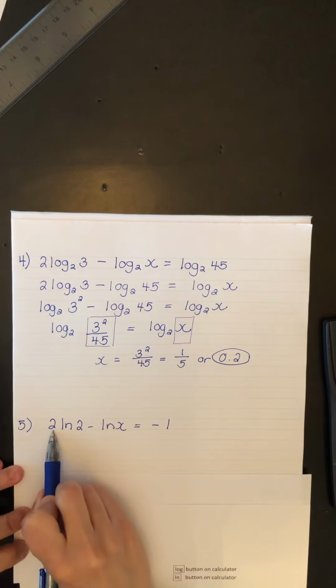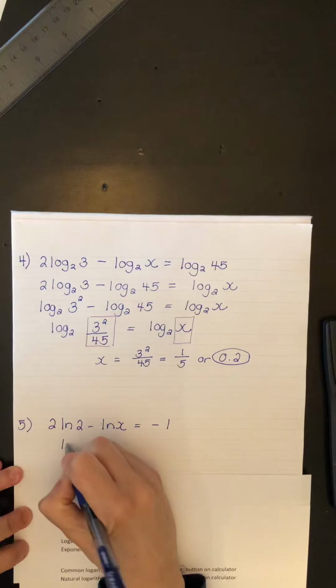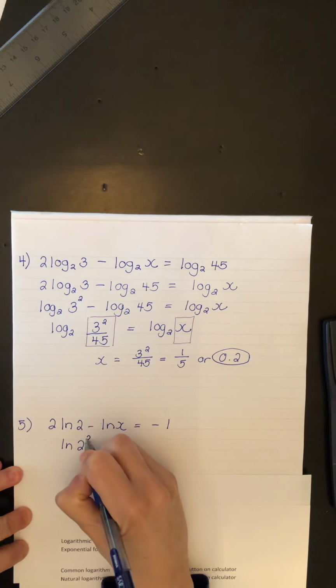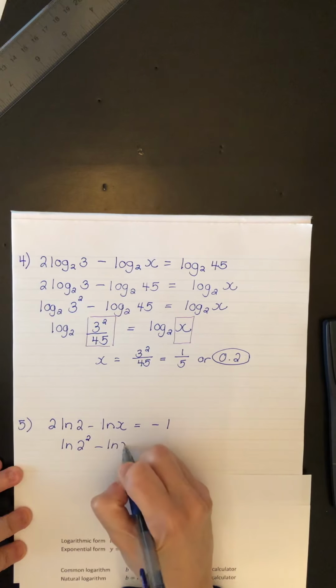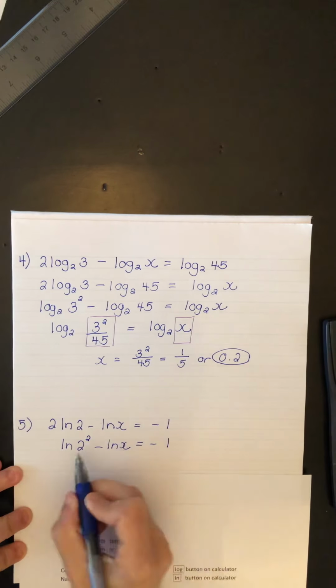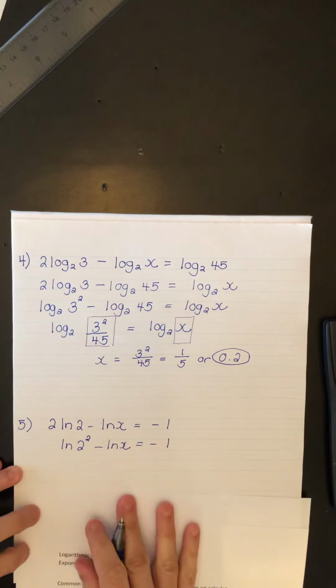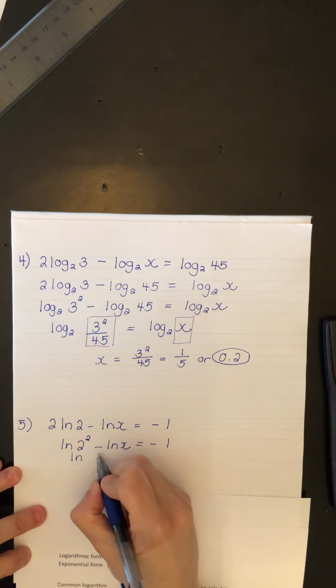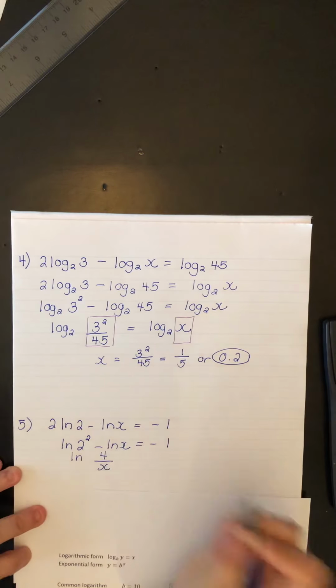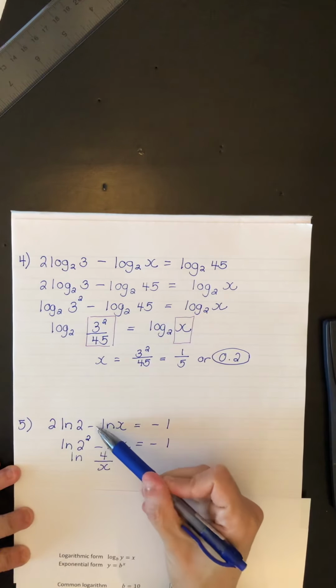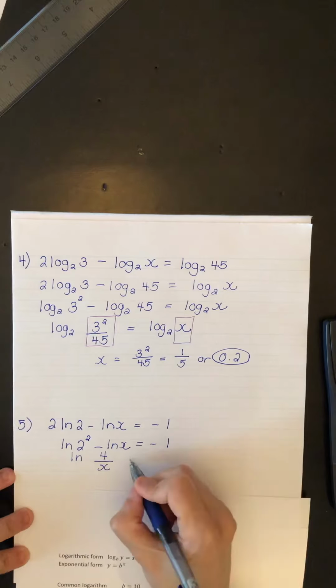In other words, this coefficient has to be moved first, such that it's the exponent. Now we can combine these logarithms. And it would be 2 squared, or 4, over x. Again, because it's subtraction. Another example where it's subtraction.